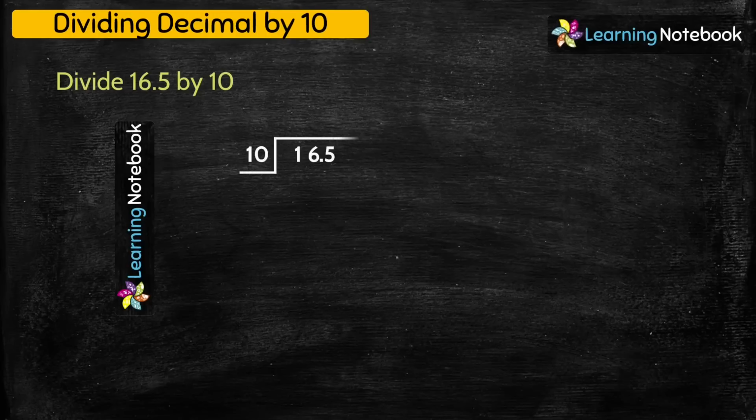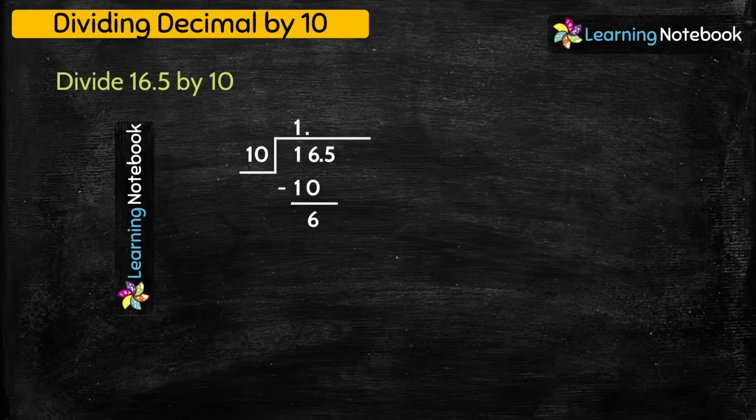So let's first divide the whole number part, which is 16. So 10 into 1 equals 10, and 16 minus 10 equals 6. So now our division of whole number part is complete. So let's put the decimal point in the quotient.